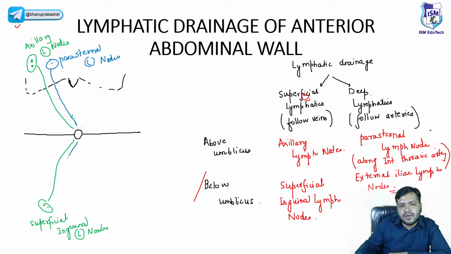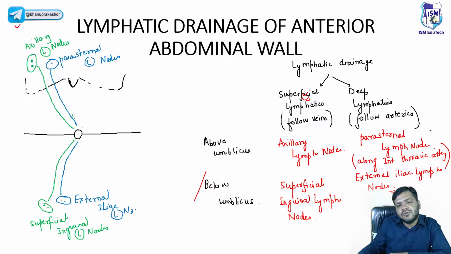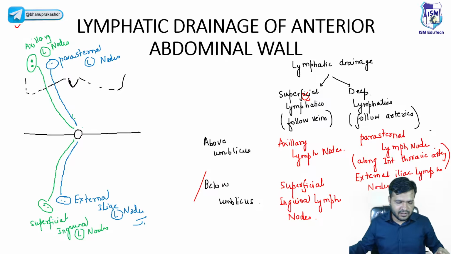And below the level of the umbilicus, they are draining into the external iliac lymph nodes, and I've already told you they follow the artery, that is the external iliac artery. So I hope this lymphatic drainage is also clear to everyone.